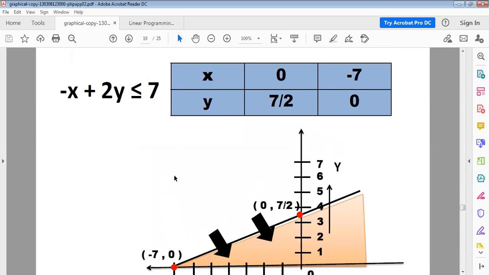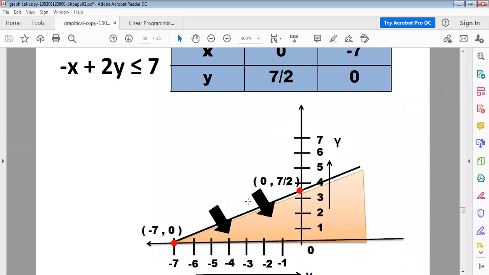Now for the last constraint, we get 0 comma 7 by 2. Okay, 7 by 2 means what? More than 3, 3.5. So x equals 0 and y equals 3.5, this point. Again minus 7, up to minus 7, this is the joining point.